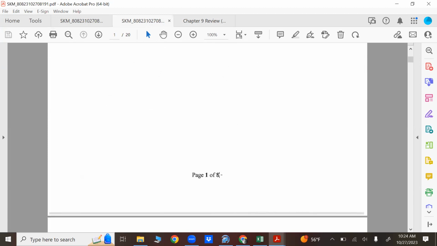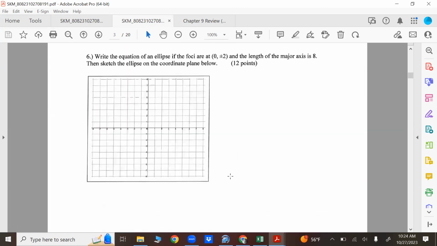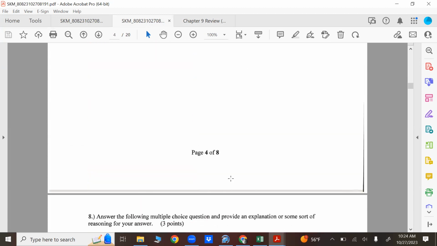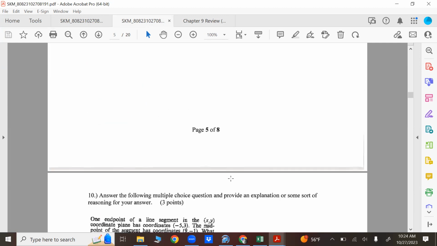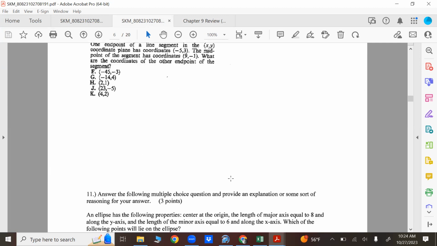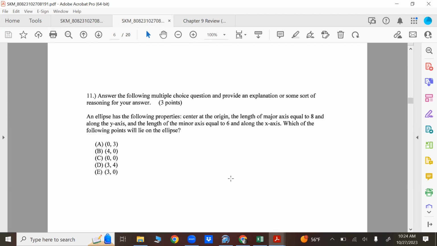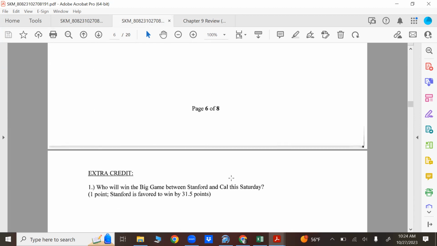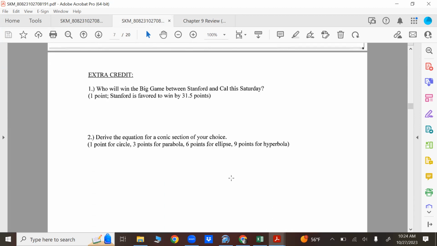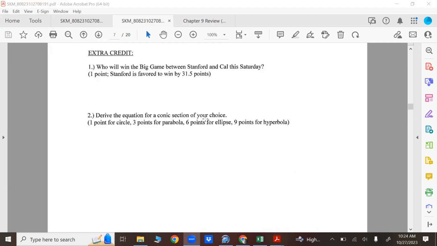many years ago. By the way, for those who know their Stanford football well, in 2013, Stanford football was incredibly good. We were a top 5 team. We went to the Rose Bowl. I was at that game. We lost to Michigan State. Not happy about it. But Andrew Luck had left. Christian McCaffrey wasn't there yet. We had Kevin Hogan as our quarterback. So Stanford was favored by 31.5 points back in the good days when Stanford football was fun.